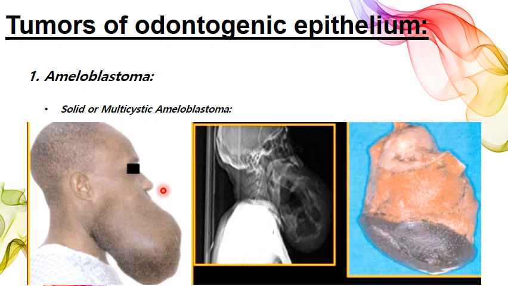The most common radiographic feature is the multilocular radiolucency, as we see here. It appears as multiple cysts, so it is called multilocular radiolucency, with buccal and lingual cortical expansion, even perforation of the bone.